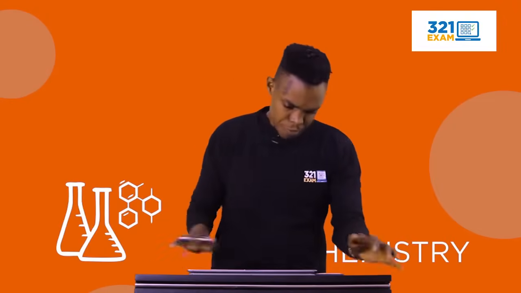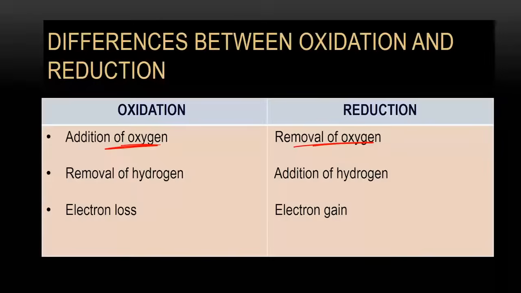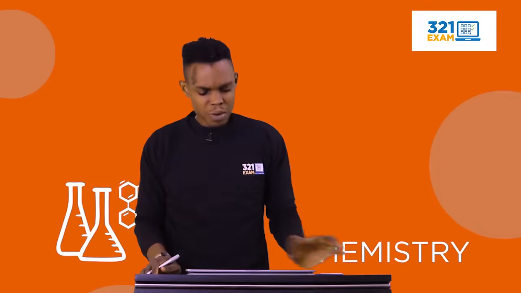Let us flow. Now, another one is removal of hydrogen. Oxidation can be defined in terms of removal of hydrogen, while reduction can be defined in terms of addition of hydrogen. How do I mean?